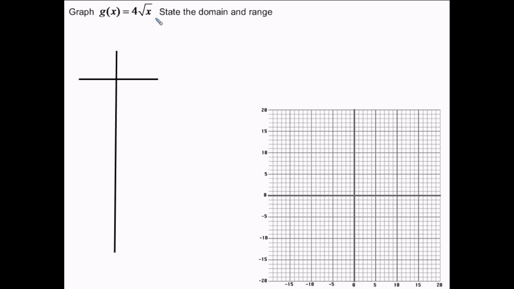Okay, if I do 4 times the square root of x, same general principle. Make my t-chart. First perfect square is 0, so I'm going to do 4 times the square root of 0, which is going to give me 0. Next one is 1.